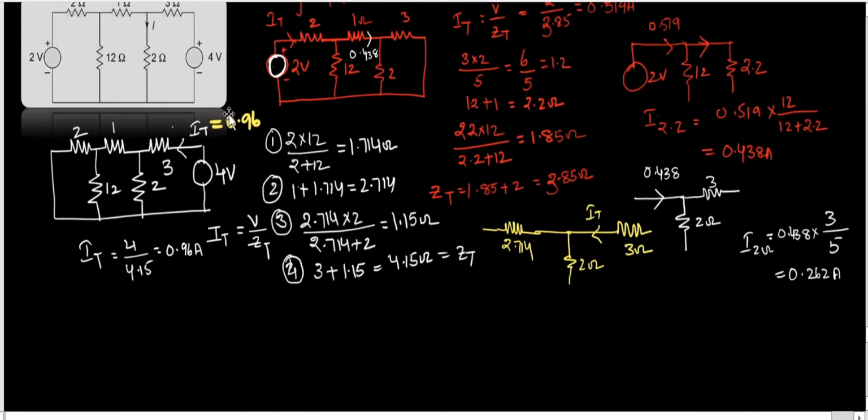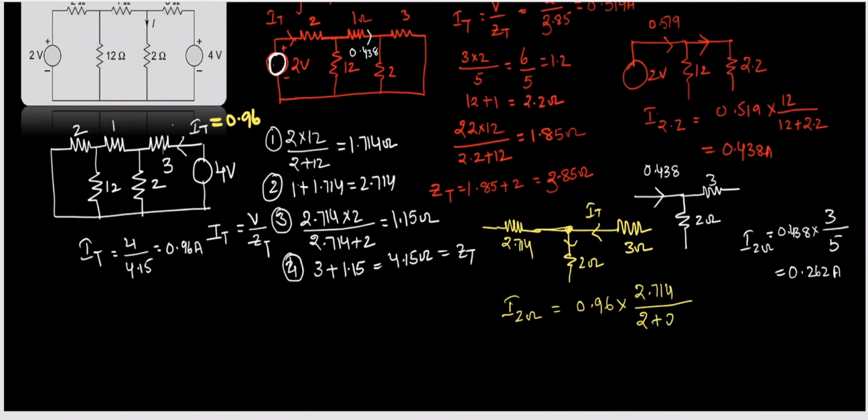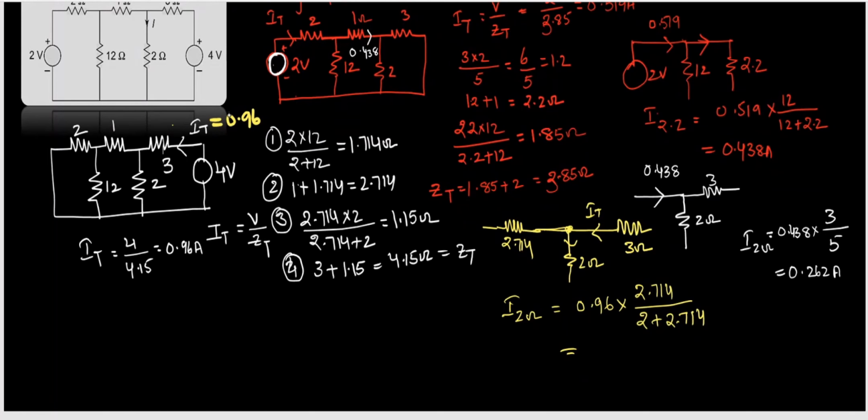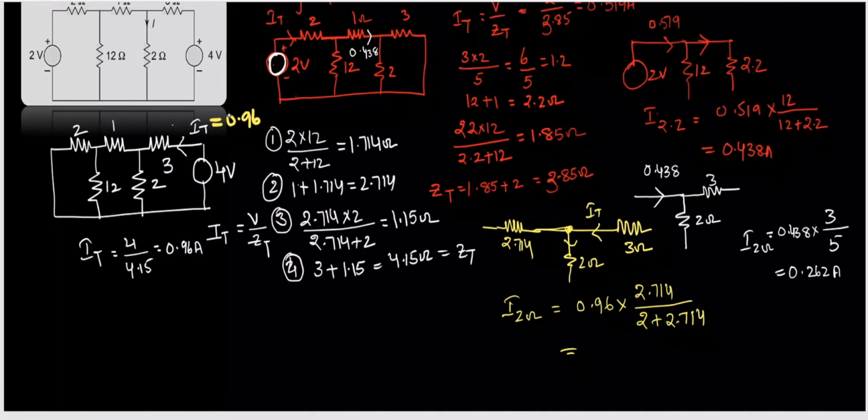So I in the 2 ohm resistance is the total current 0.96 into the opposite resistance 2.714 divided by 2 plus 2.714. How much is it? 0.55 amperes.